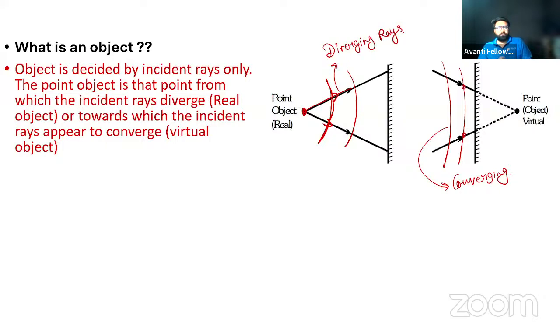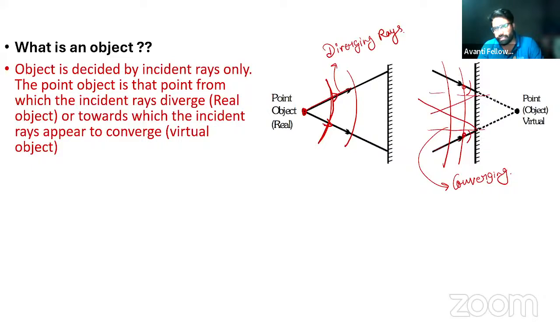How? What is the definition of an object? It is the point from where the incident ray is coming or appears to come. So at this point of time, if you see, these rays are actually going to reflect back from here at this point.